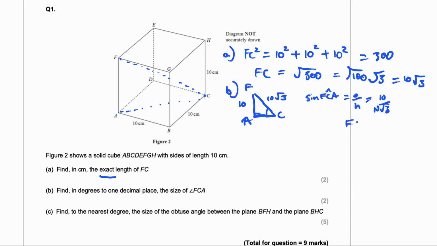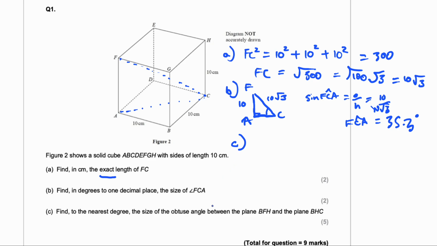So therefore FCA is the shift sine of 1 over root 3, which is 35.2 degrees to one decimal place. Sorry, 35.3 degrees. Okay, and move on to part C.